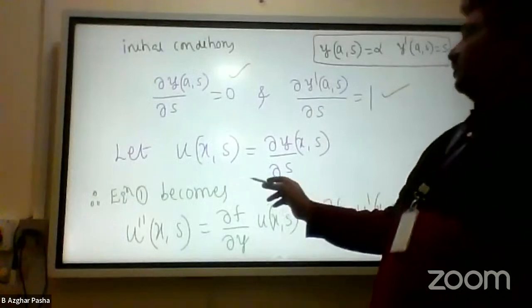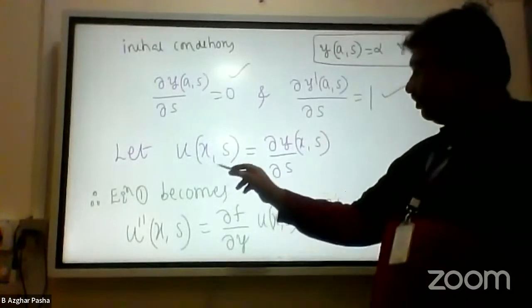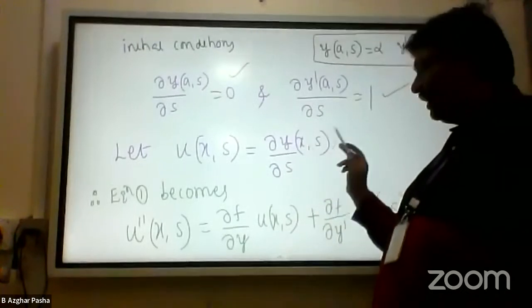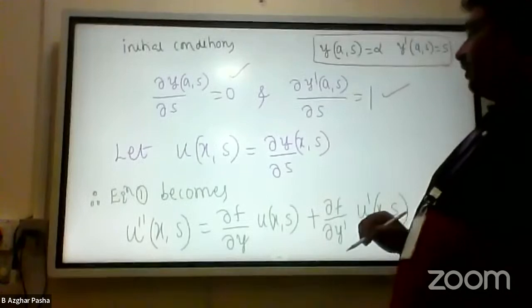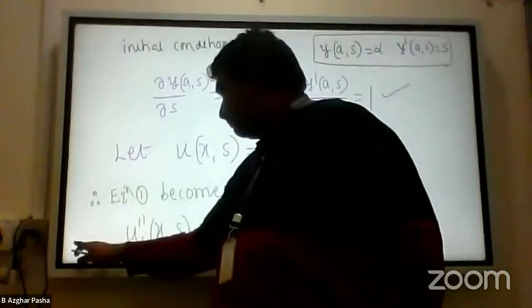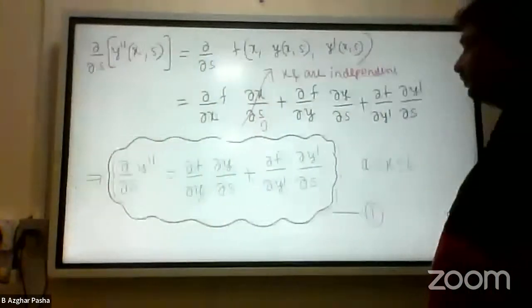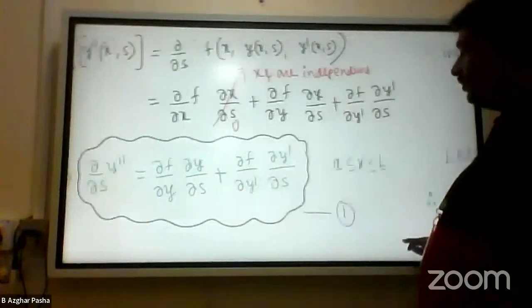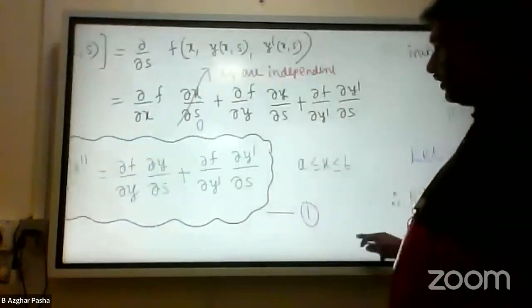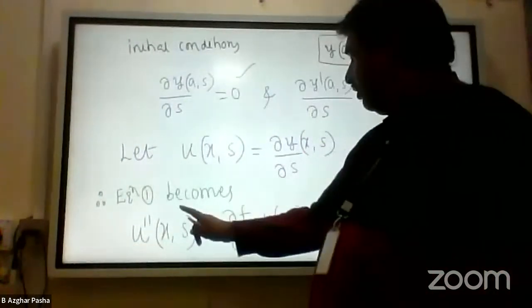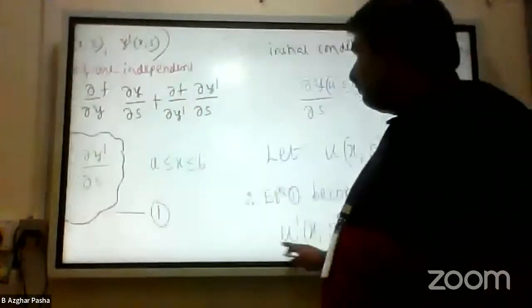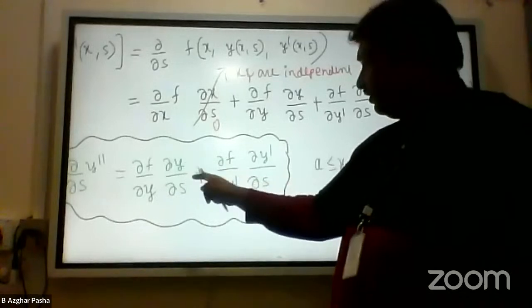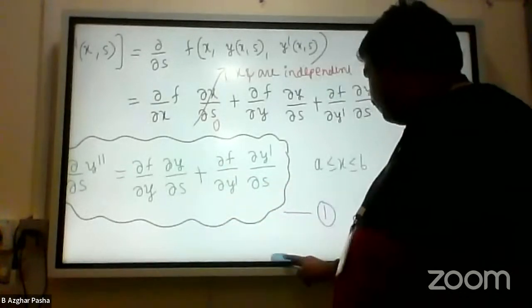Now, I am defining a new variable u of x comma s as dou by dou s of y of x comma s. Therefore, equation 1 becomes this. This dou y double dash by dou s becomes u double dash. First term dou f by dou y as it is. Dou y by dou s is u. I have denoted it as u.